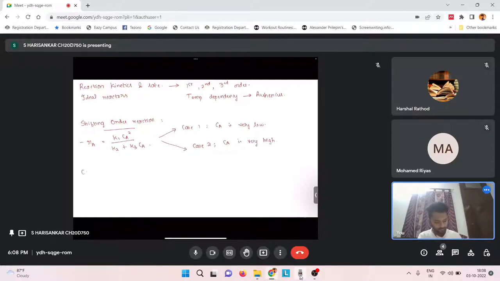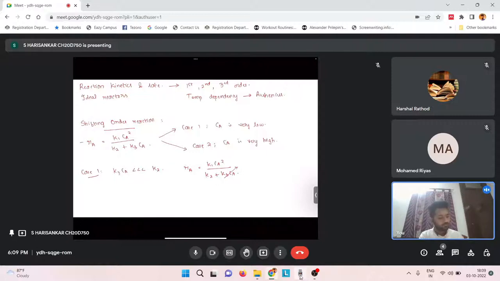So in case 1, let's say the concentration of Ca is very low. That means K3Ca will be much lower than K2. So when we write the reaction rate by K2 plus K3Ca, we can neglect this term.